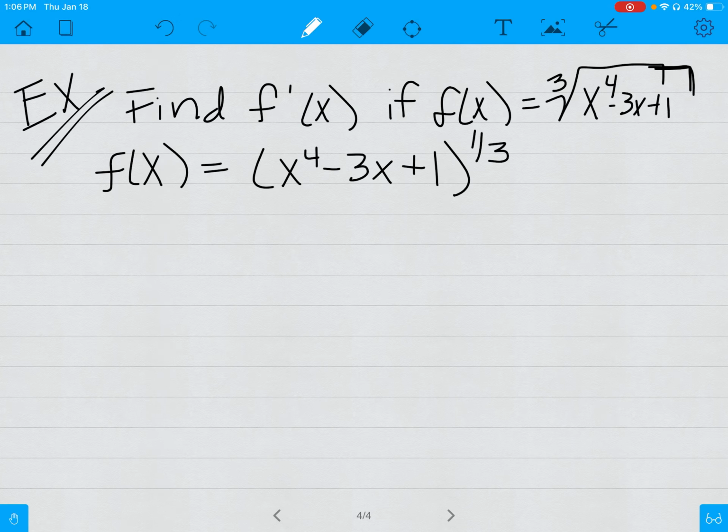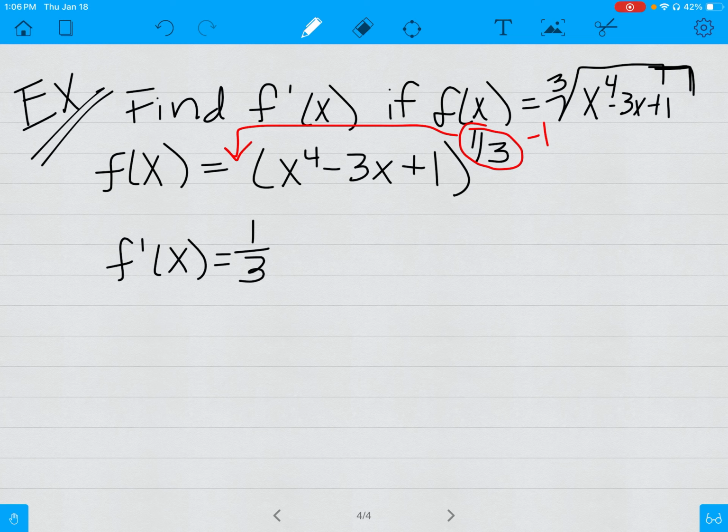So when we're thinking about using the chain rule here, we take the derivative of the outside function, so that 1/3 is going to come down front, and we're going to subtract 1 from the power, right? That's always what we do when we are finding the derivative of functions that look like this. So we're going to have a 1/3 times x to the fourth minus 3x plus 1 raised to the 1/3 minus 1, which is going to give us negative 2/3.